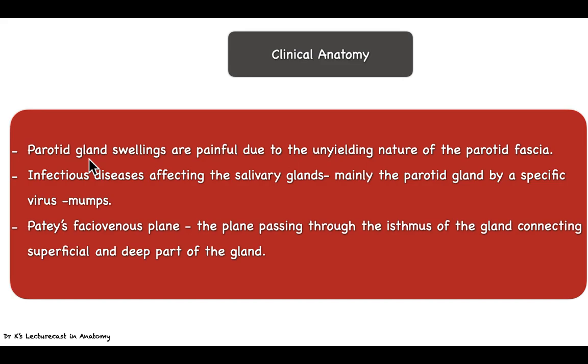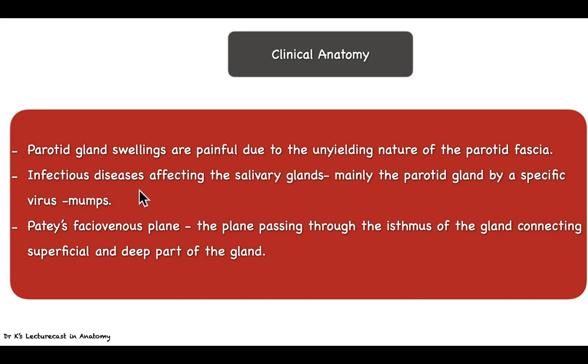The parotid gland has space for its normal structure, but whenever the gland is infected, the infectious fluid accumulates between these two layers, and the rich nerve supply of the parotid gland makes the swelling very painful. That is why we say the fascia doesn't yield to the infection to spread out in the gland. So that is called the unyielding nature of the parotid fascia.